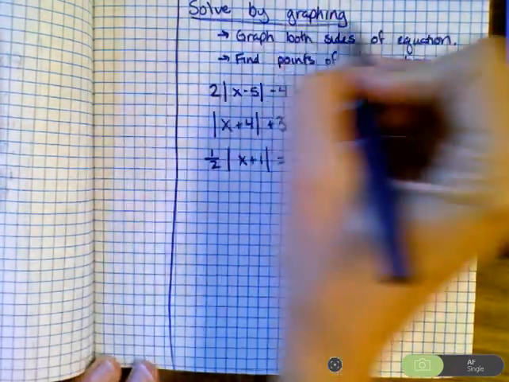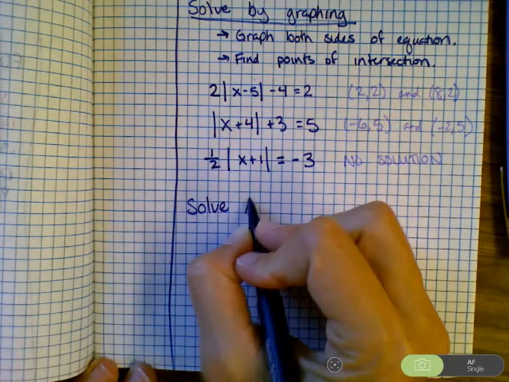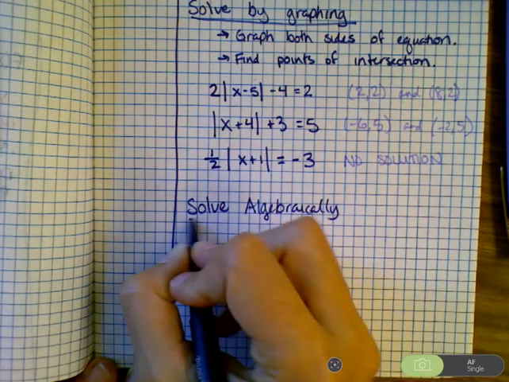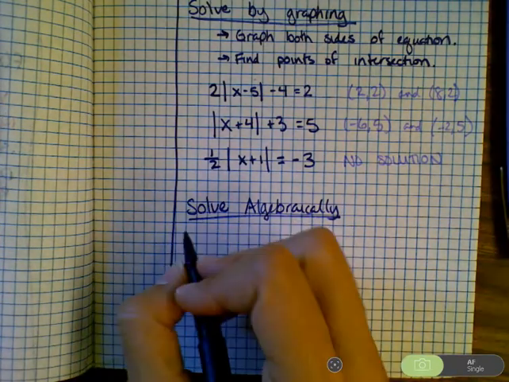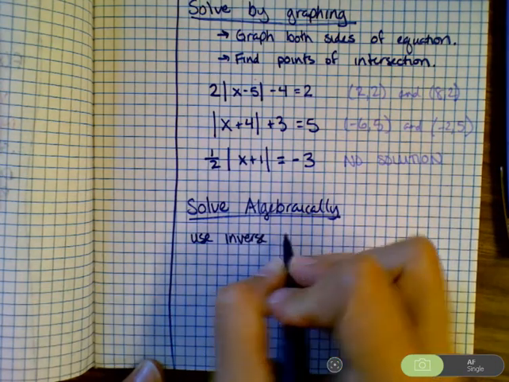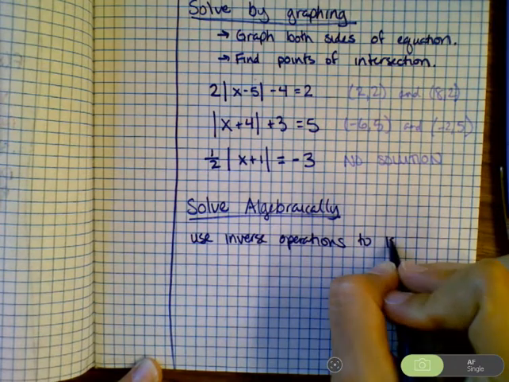So solving by graphing was one way, and solving algebraically is the second. Solving algebraically is kind of what it sounds like. You solve using algebra. And what we're going to do then is use the same inverse operations to isolate our variable.